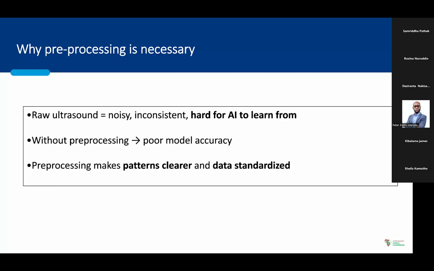So the image content and quality is not consistent, and it is noisy as well, so it is often hard for AI to learn from them. Without preprocessing, the model accuracy can be low. Preprocessing makes patterns clearer, and the data can be standardized.